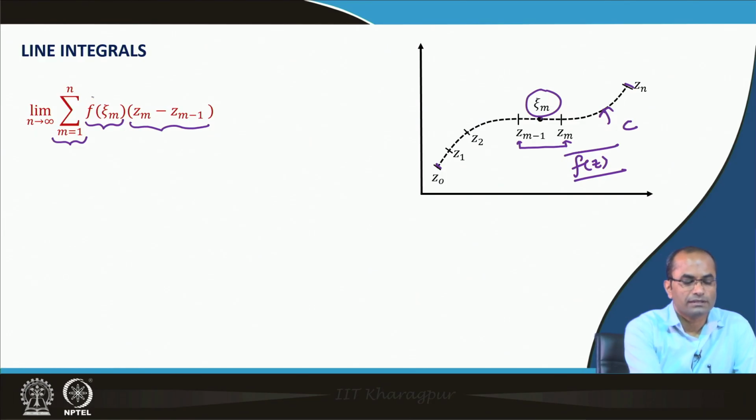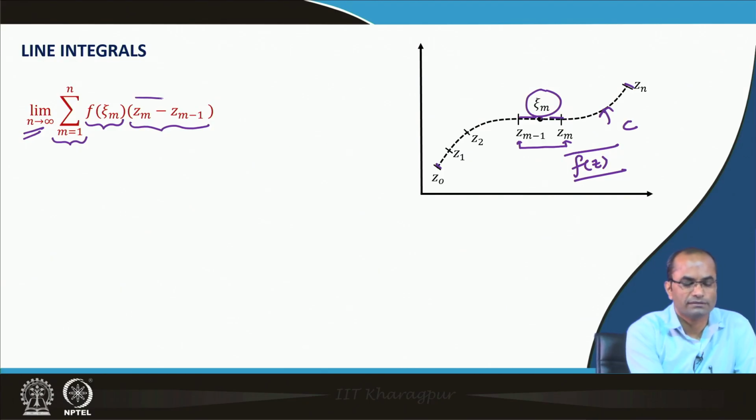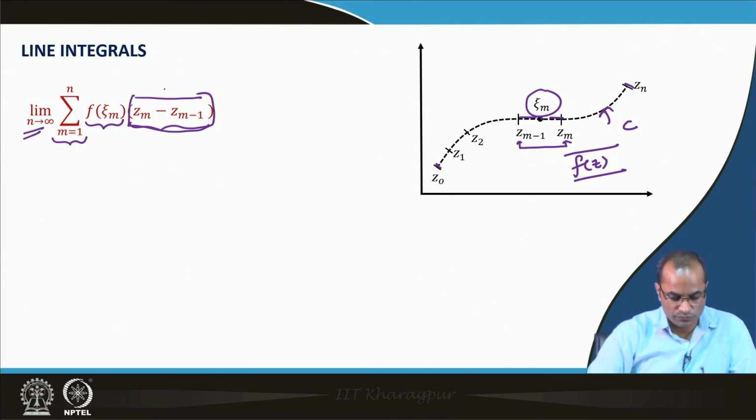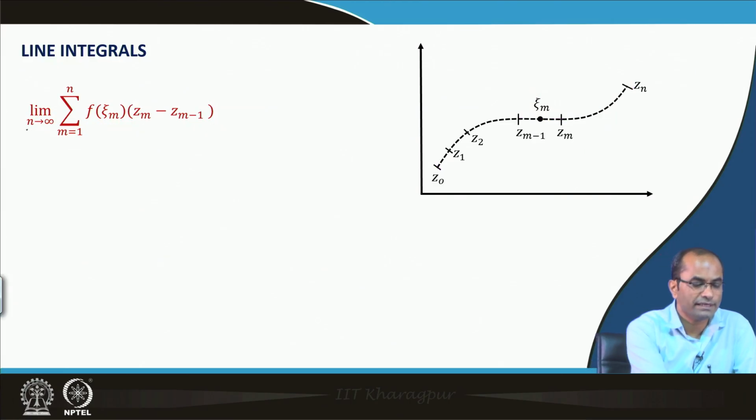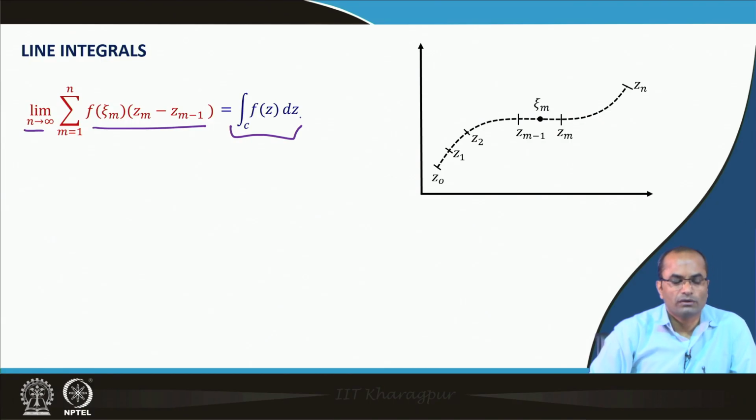If we sum this and take the limit as n approaches infinity, that means the number of sectors we divided into approaches infinity, the width will go to 0, and the error we introduced by subtracting z(m-1) from z(m) will go to 0. We are eventually integrating over the given curve. When we take the limit of this summation, this is what we call the integral of f over C with respect to z.